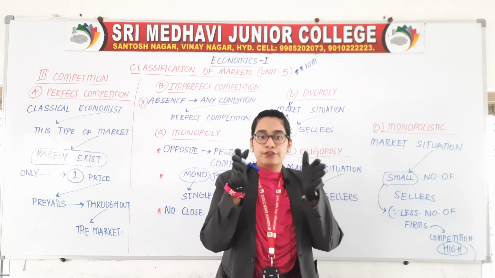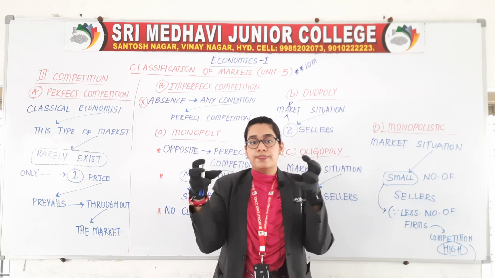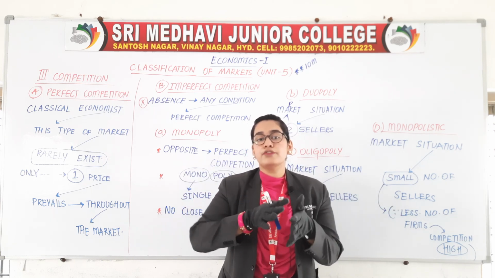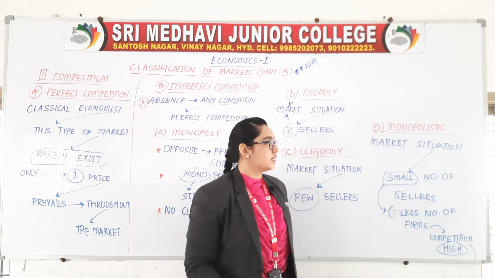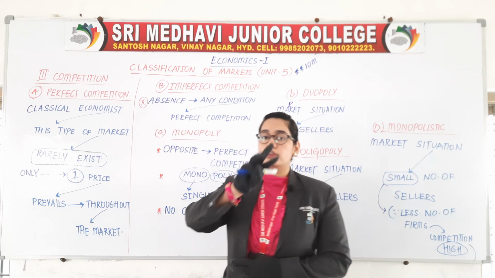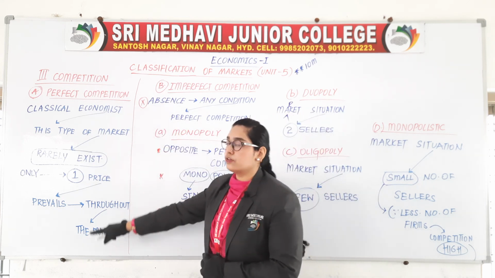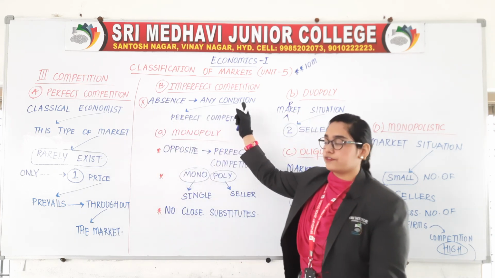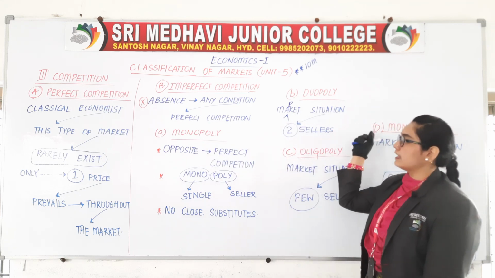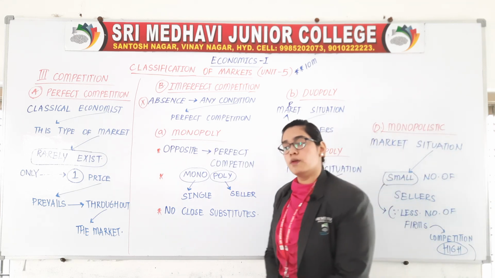When there are only a few students in the class, they will have more competition. In the same way, fewer firms and high competition is a feature of monopolistic competition. Therefore, the third part is based upon competition, perfect and imperfect. Imperfect again into monopoly, duopoly, oligopoly and monopolistic competition.